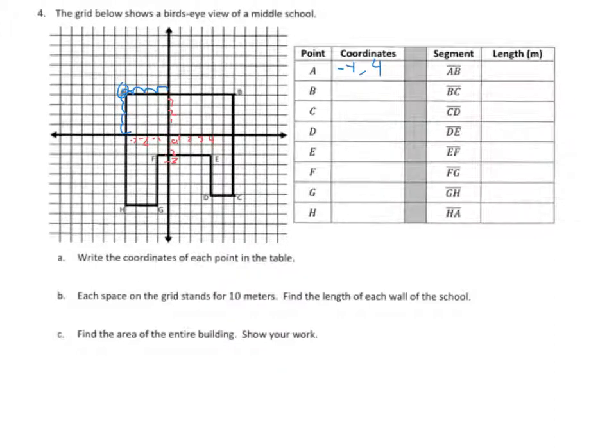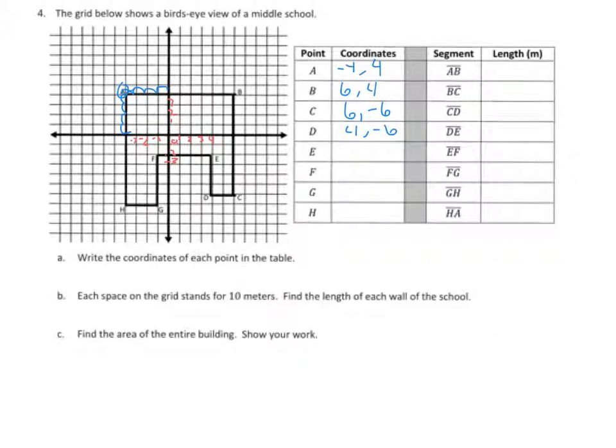B would be 6, 4. C would be 6, negative 6. D would be 4, negative 6.